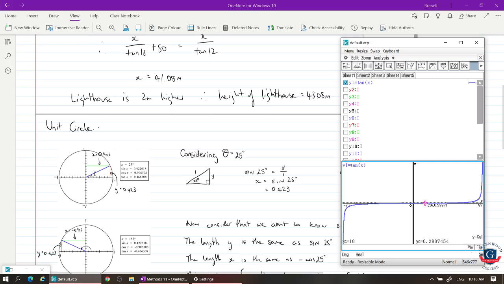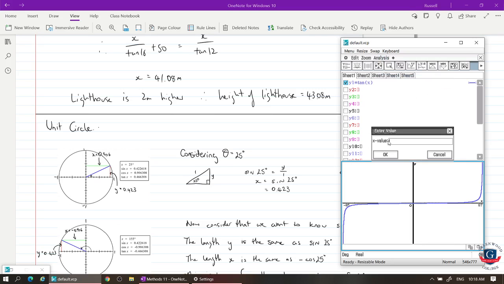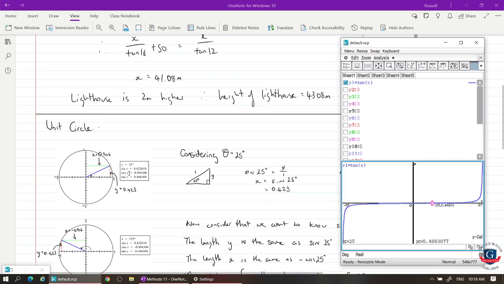That's this angle here. And we know that tan x is equal to 0.466308. So if I have a look over here, 25, we'll find there's that 0.4663 value, which is the same as this one here.